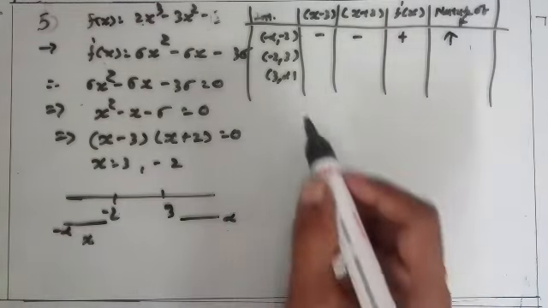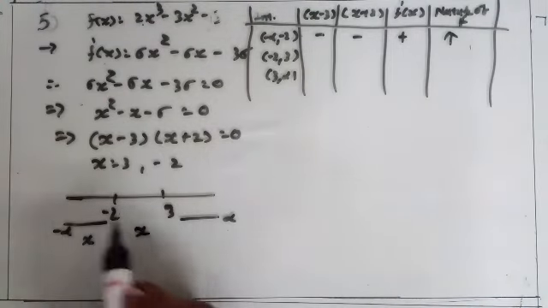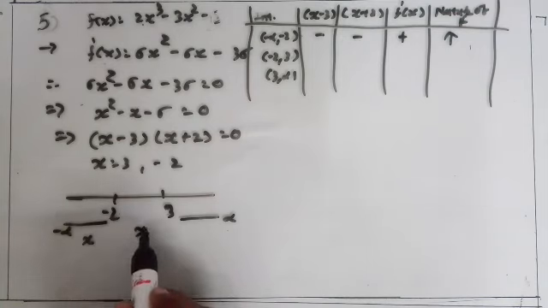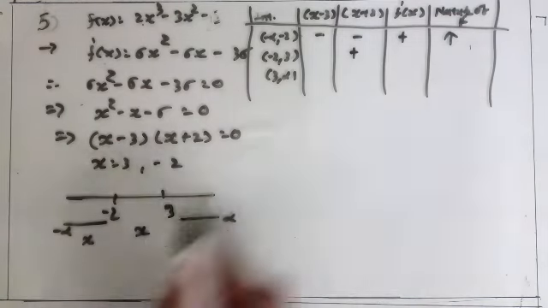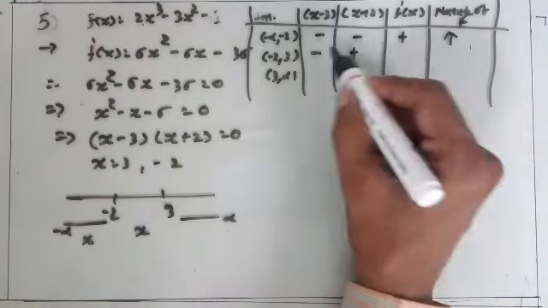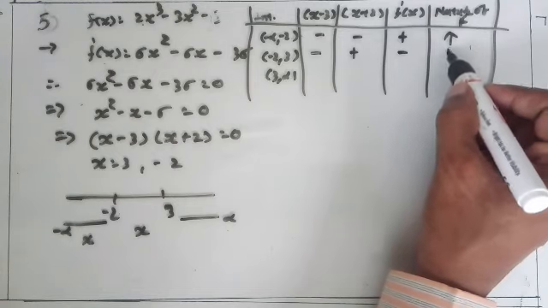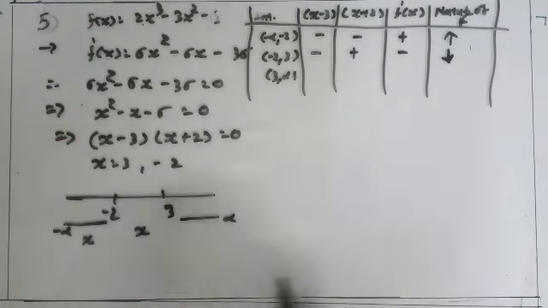Clear? Similarly, in −2 to 3, if x lies between −2 and 3, then x + 2 becomes positive and x − 3 becomes negative. So the product of these two becomes negative. So in this case, the nature of the function becomes decreasing. Clear?